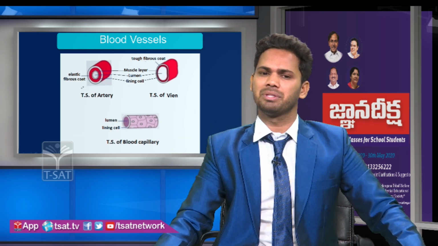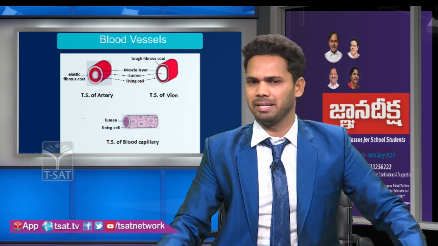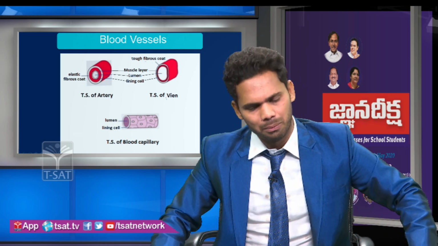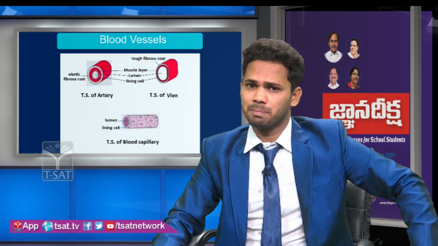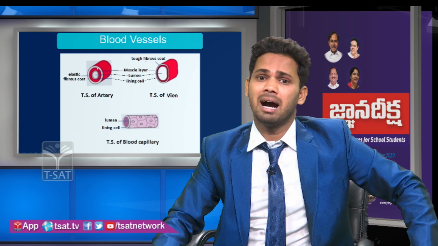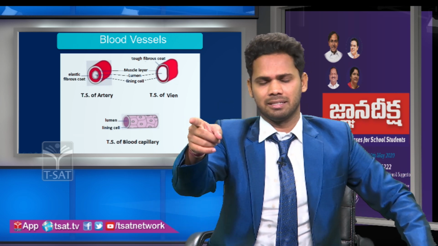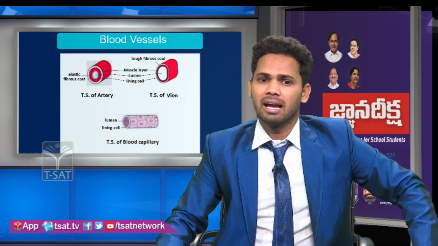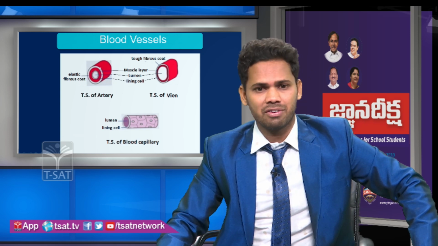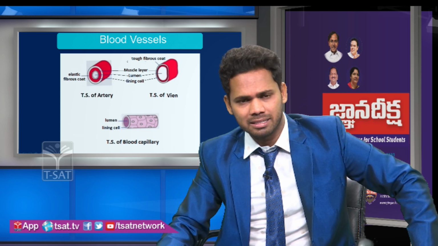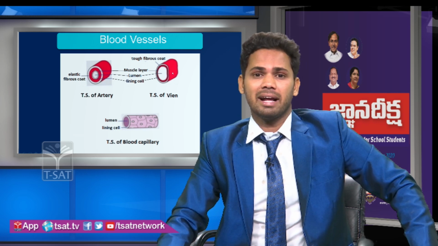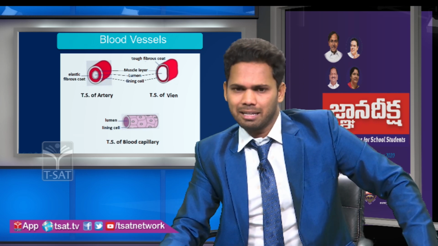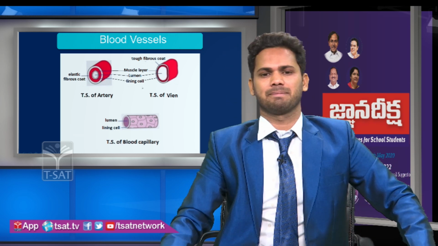Now we have to see what is the role of artery, what is the role of vein. Artery transports blood from the heart to other parts. Please notice, children, artery transports blood from the heart to other parts, but vein is not like that, quite opposite, it transports blood from other parts to the heart.